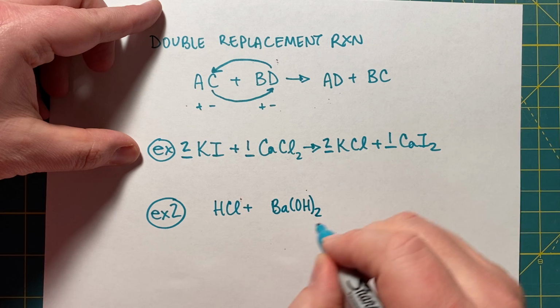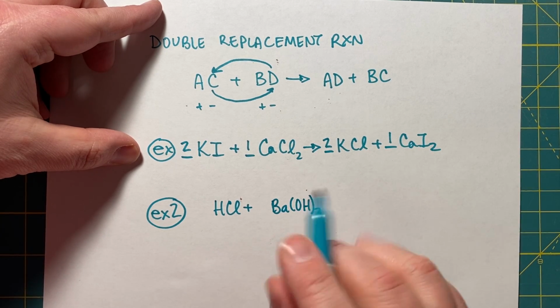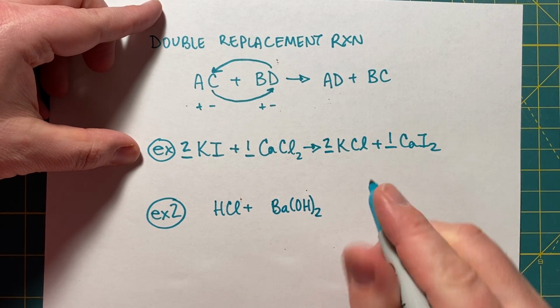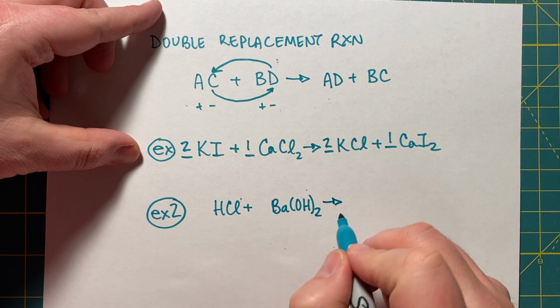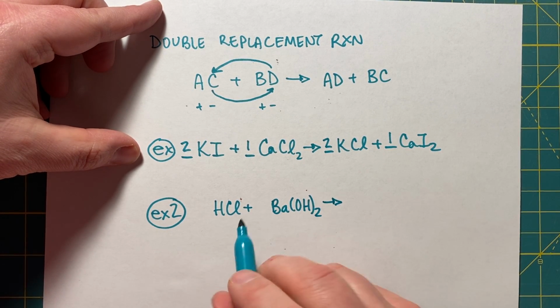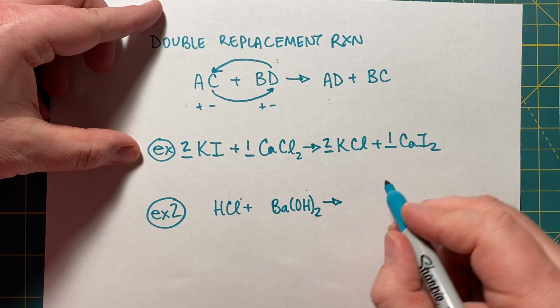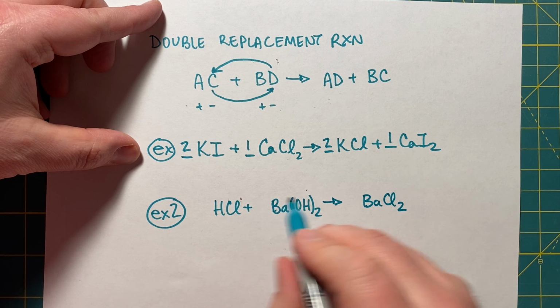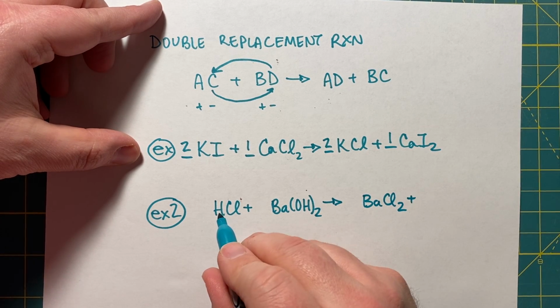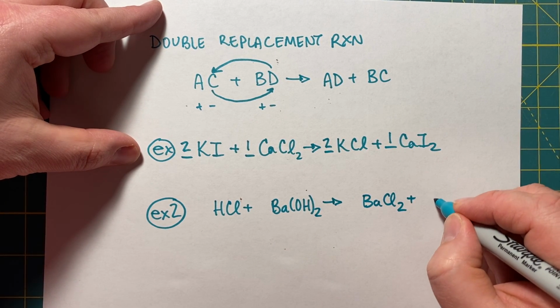Each time I write these, I'm having to balance these charges to make neutral ionic compounds in my head. From what we understand of double replacement reactions, we know that the barium is going to end up with a chloride. So we get barium chloride. And now the H and the OH are going to combine to form water.